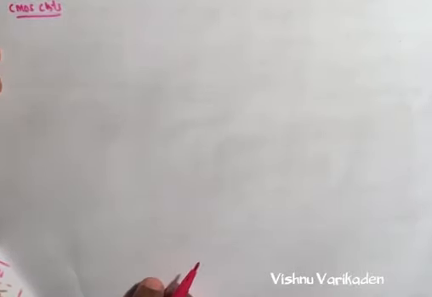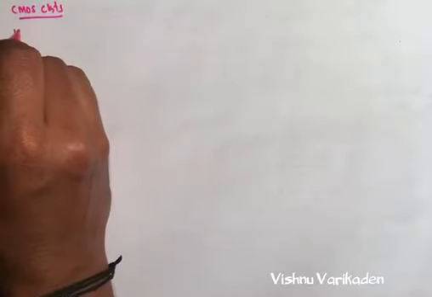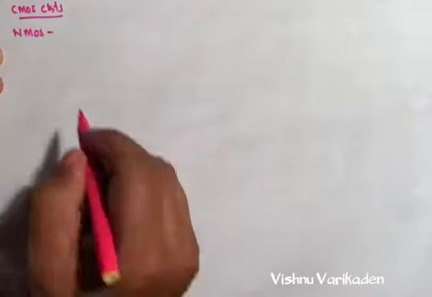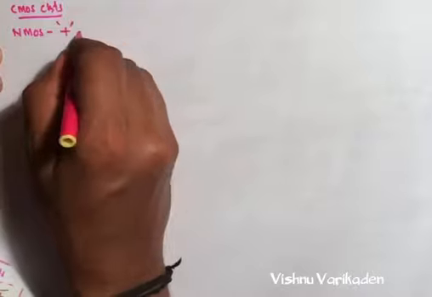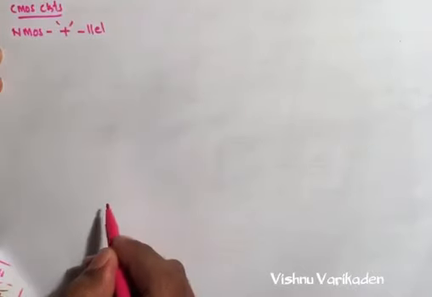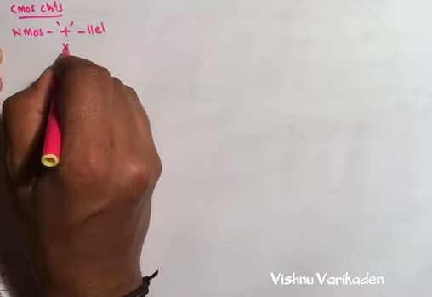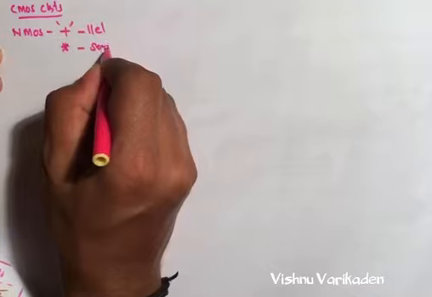So in this we can make an idea for the NMOS transistor. If the equation contains a plus operator, that is parallel. If the equation contains multiplication, this is series.